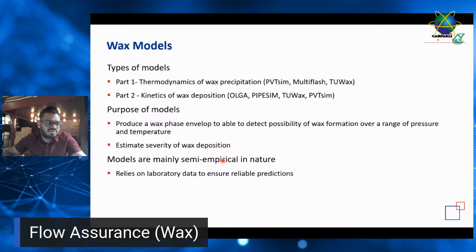Basically, you need to have a certain amount of experience to do wax modeling, because different labs have different ways of measuring the data. So some laboratory data is not reliable. We need to do some engineering judgment and make some assumptions to reduce any error in calculating the wax properties.